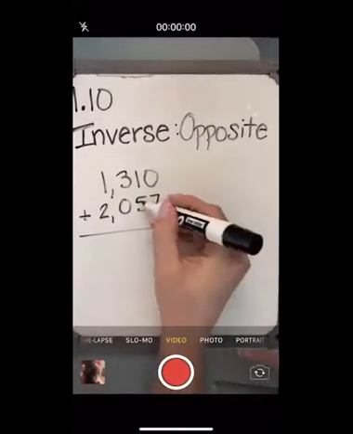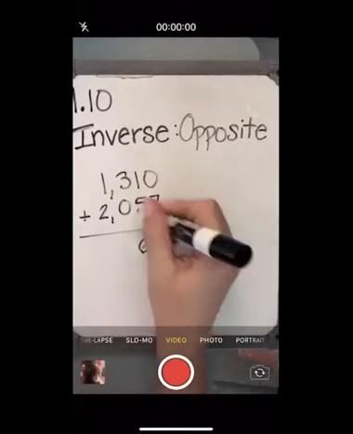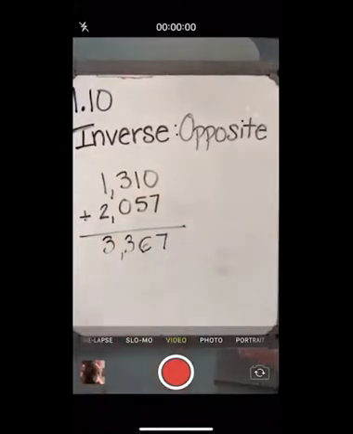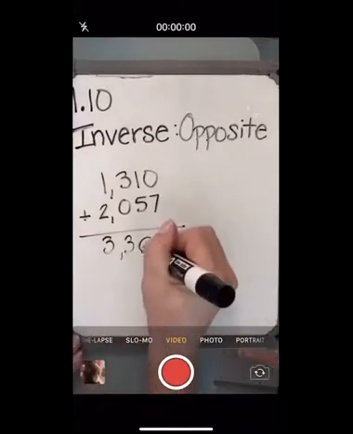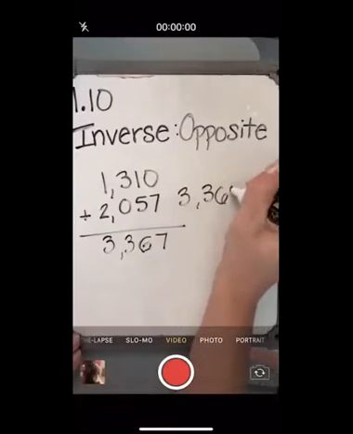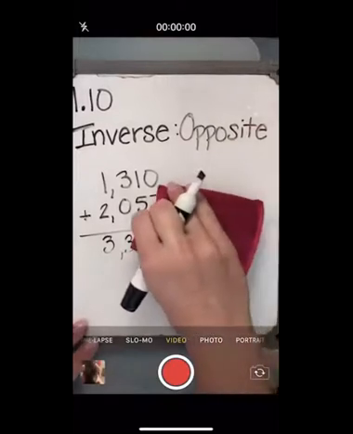I know that 1 plus 5 is 6. 3 plus 0 is 3. 2 plus 1 is 3. So I know here that I have a total of 3,367 coins in total.